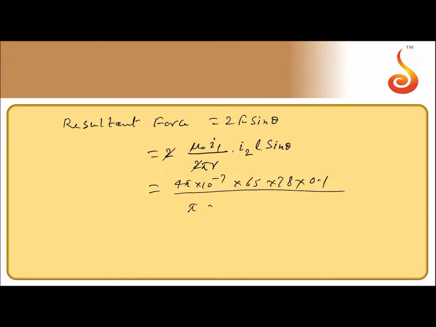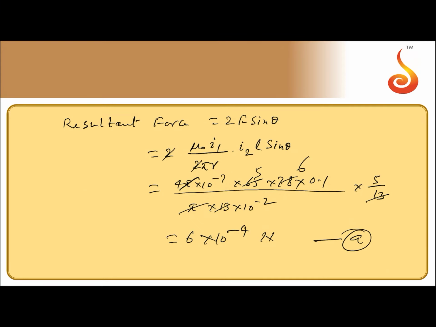This is 13 centimeter, so 13, and sin theta means 5 by 13 from the figure itself. Pi we can cancel, and this 13 5, this 13 6, so this will be 6 into 10 to the power minus 4 Newton. So this is option A, I suppose.